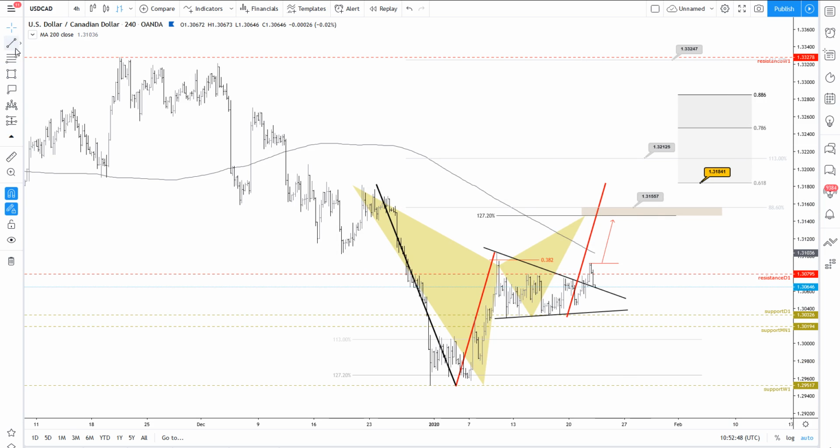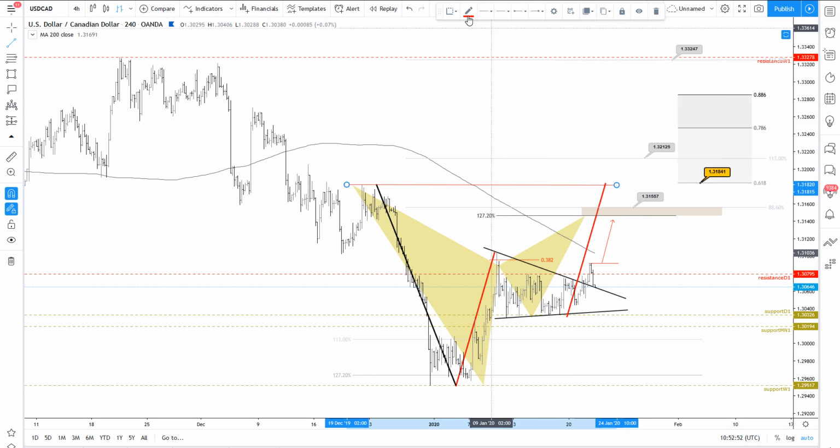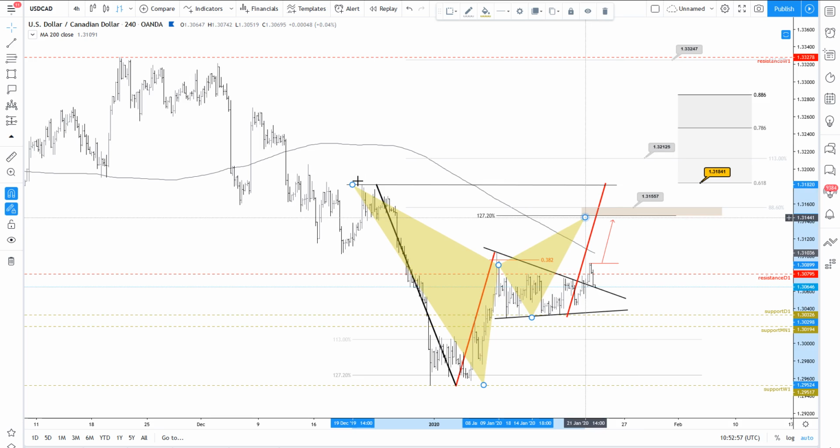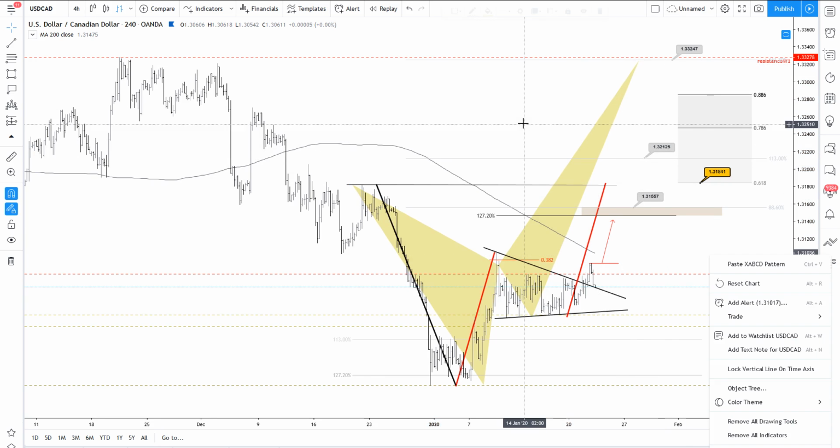And of course, if the market decides to violate these previous structure highs, we may see the price trading even higher, without ignoring a false breakout above these highs with the alt bat pattern at 132.12. And if those levels fail, we may see a retest of the fractal printed above.